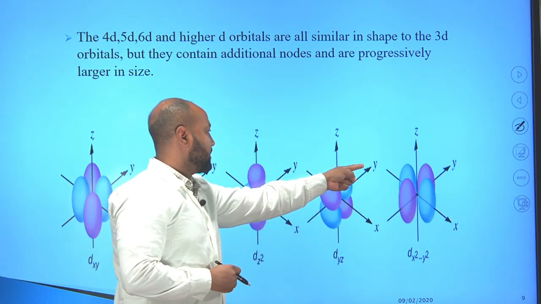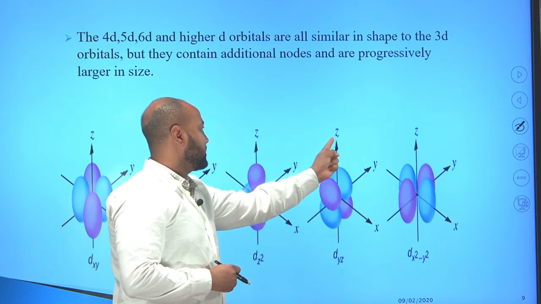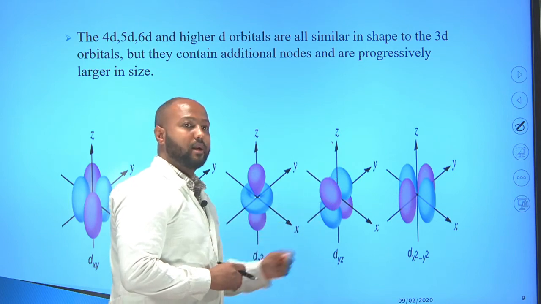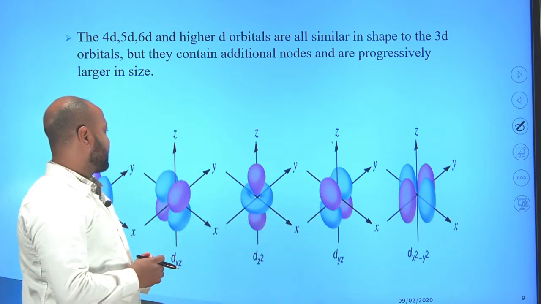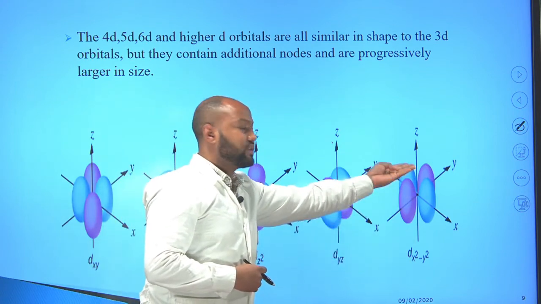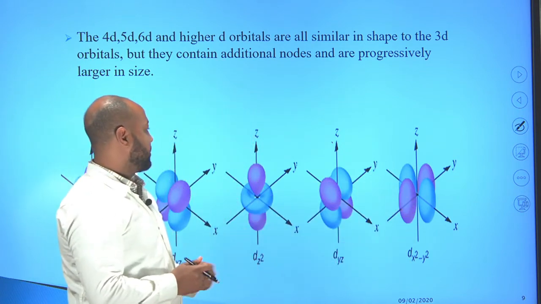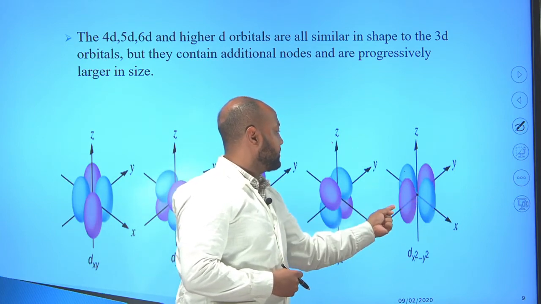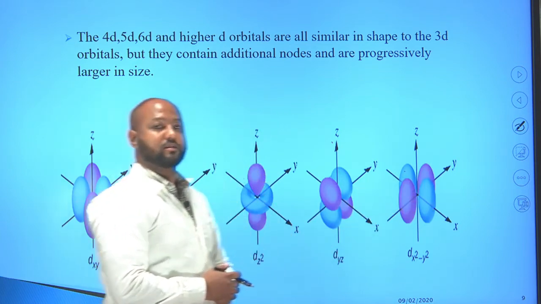This is the y-axis and this one is the z-axis. It's between the two axes. But dx squared minus y squared is on the x and y axes: here on the x-axis and here on the y-axis.